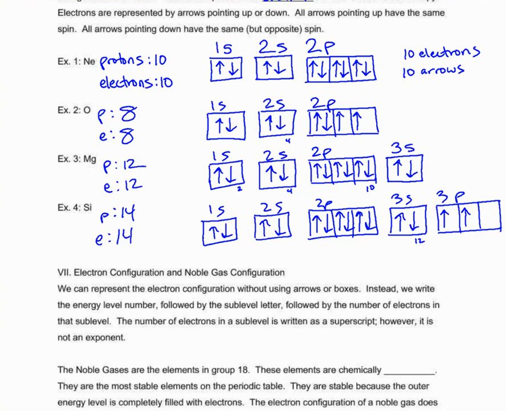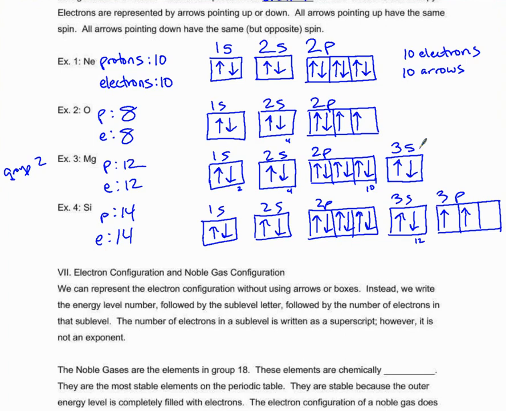In the same page where I talked about the sublevels, I mentioned that groups 1 and 2 corresponded to the S sublevel. So magnesium was in group 2, and look at this, it ends with an S sublevel.